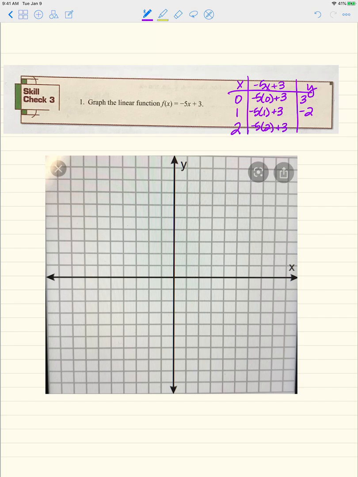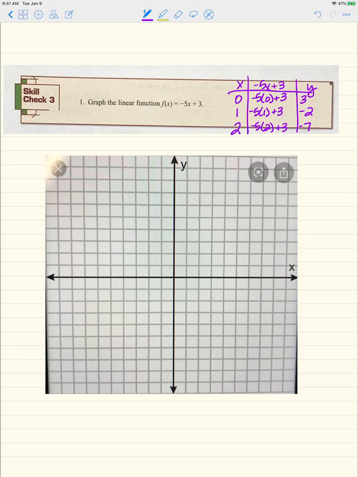Negative 5 times 2 is negative 10. Negative 10 plus 3 is negative 7. Okay? Now, if I would have chosen something like negative 1, that would be negative 5 times negative 1 plus 3. That would be 5 plus 3, and that would be 8. I just didn't want to go all the way to 8, so that's why I didn't pick any negative values.